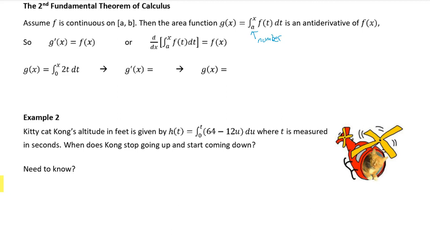When I take the derivative of g of x, that becomes g prime of x. Okay, we know that notation. When I take the derivative of the right side, so I'm actually going to start right here, the derivative of the integral from a to x of f of t dt equals f of x.